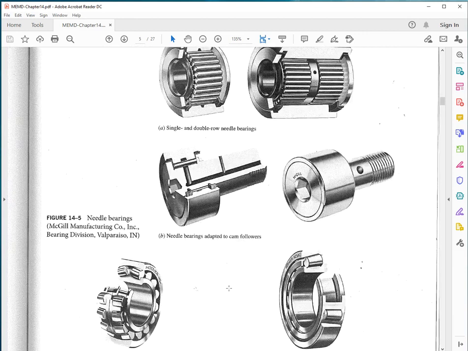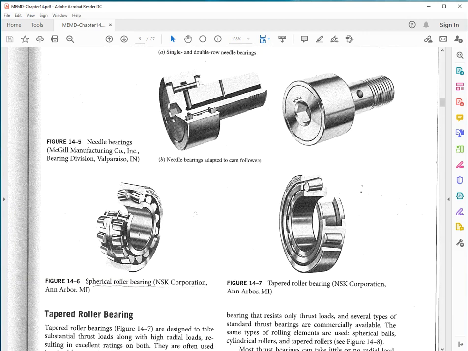The spherical roller bearings, you see this design here. So in this case, two rows of barrel type rolling elements, and the outer race is spherical to the inside in shape, and if there's any deflection of the shaft with a change of slope at the ends, the rollers can orient themselves at a desired angle relative to the outer race.